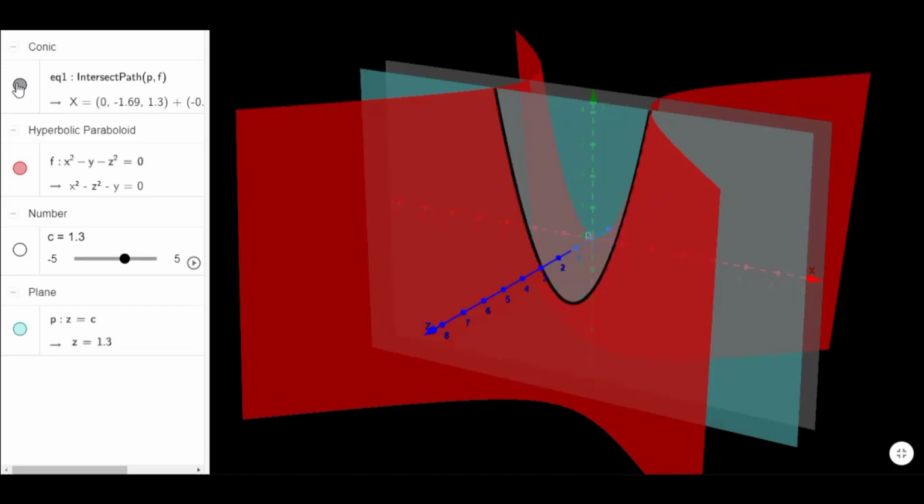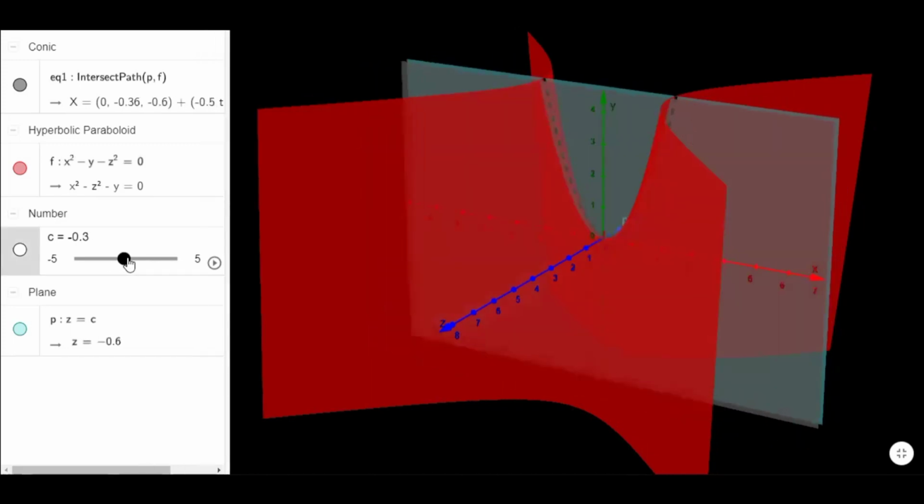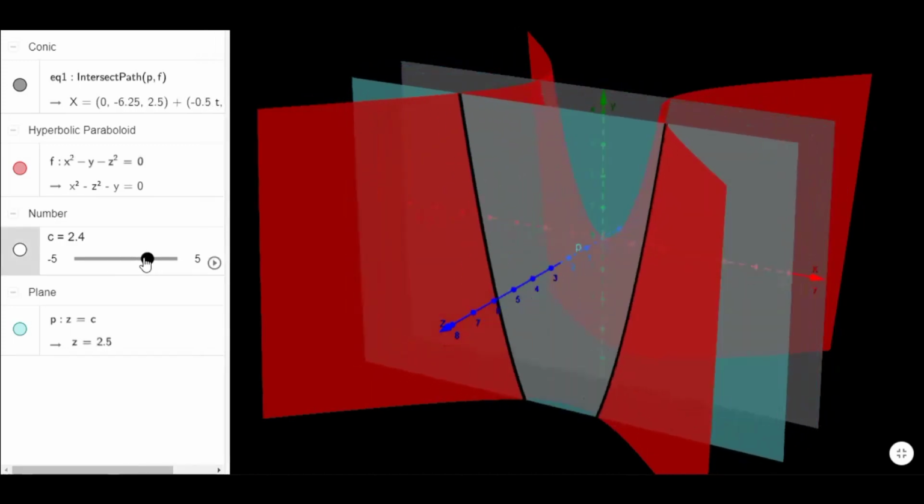So this is the intersection path. There you can see the one in black color. This we call a level curve, because this curve is obtained when this parallel plane is at level c. If I change the value of c, see, this curve also changes.